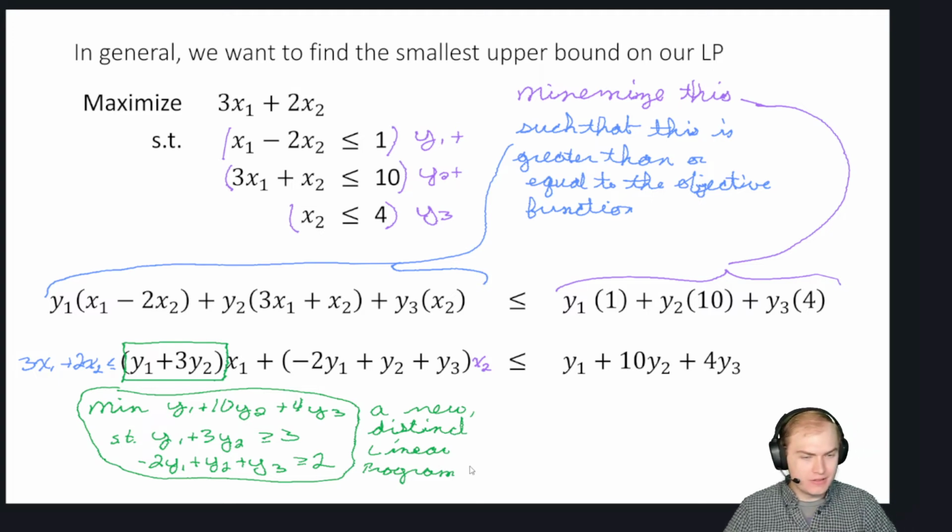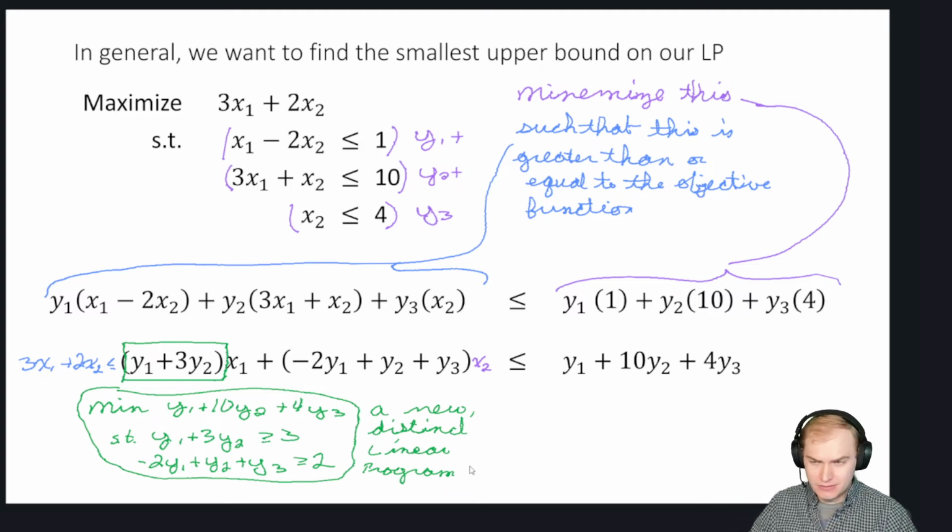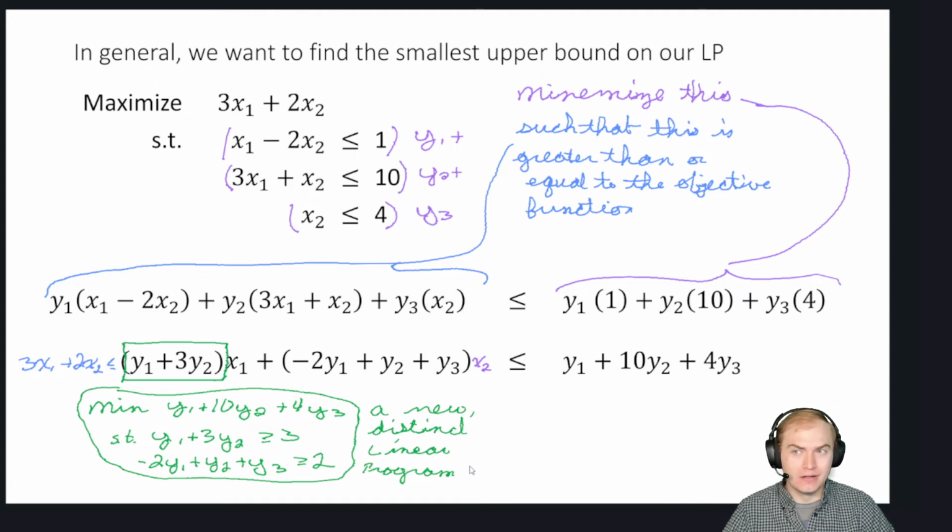The solution to this should give us the tightest possible upper bound on our original LP. Correction, it'll give us the tightest upper bound that we could get from this sort of process.